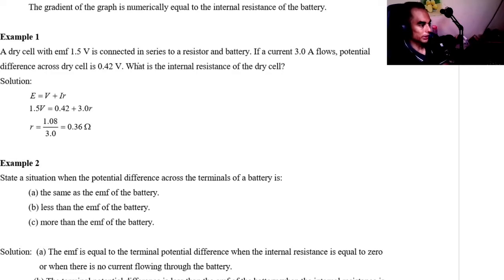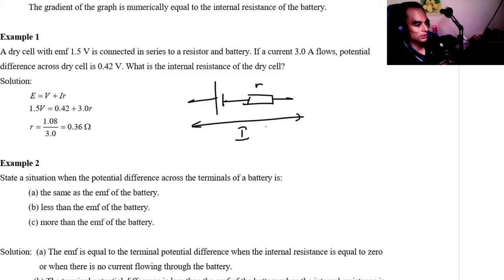Next, a dry cell with EMF 1.5 volts is connected in series with a resistor and battery. So we have an EMF over here, and then we have internal resistance r. If a current of 3.0 amperes flows, the potential difference across the dry cell is 0.42 volts.